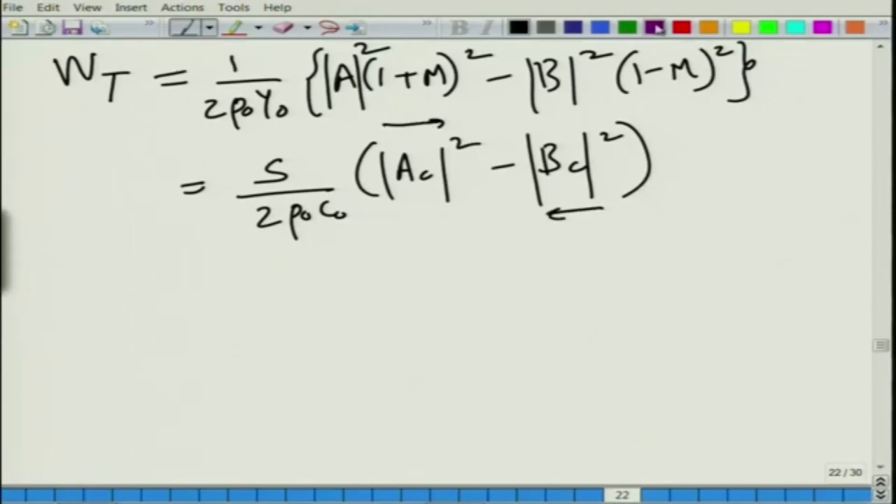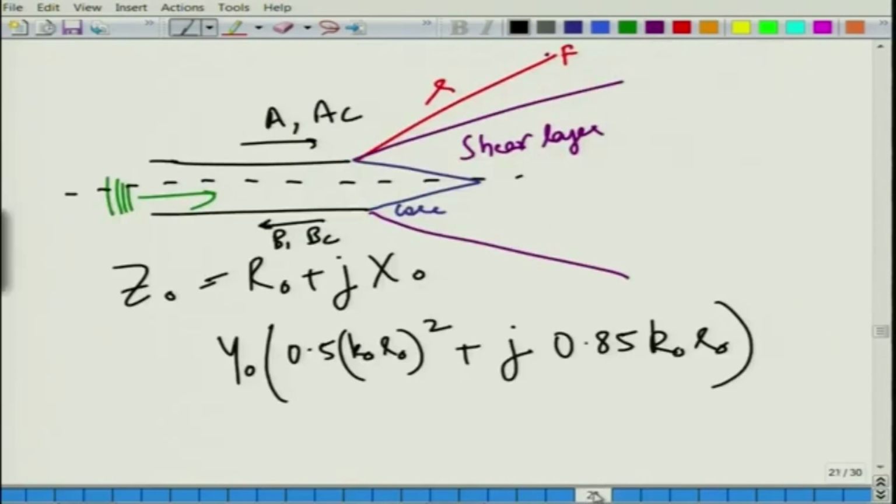We are really interested in the net quantity, which is the sum total of the acoustic power contribution by monopolar and dipole sources that directly contribute to the far field, and also because of the vortex shedding that happens in the wake. So, it is the sum total of all the direct field sources and the sources generated by vortex shedding in the wake that contribute to the far field noise observed at the point F.